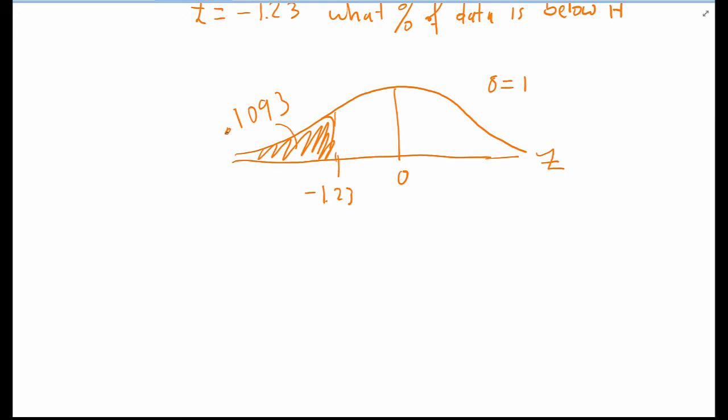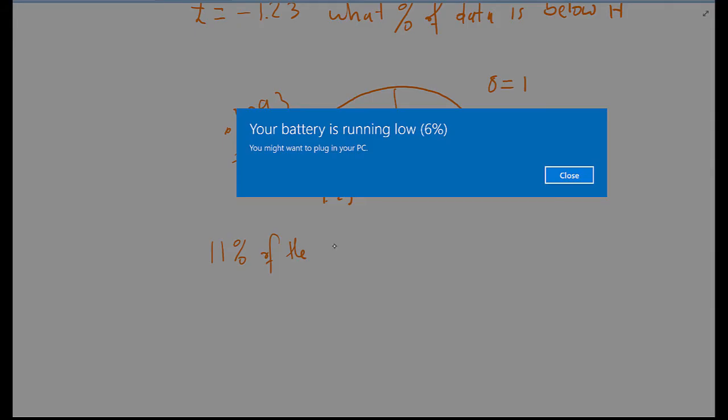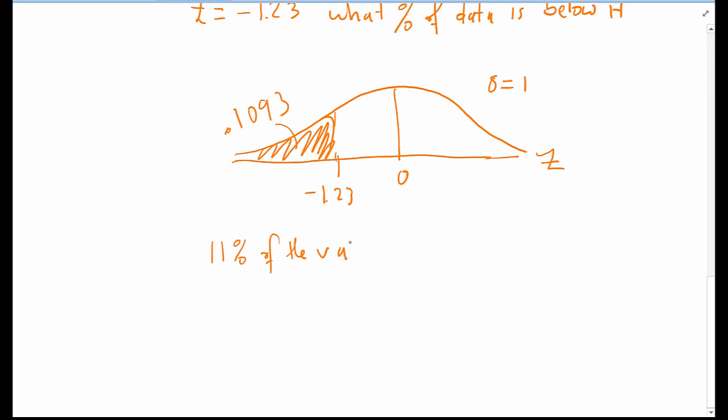So how do we read this? 11% of the values are below negative 1.23. For this data set, 11% of the values are below negative 1.23.